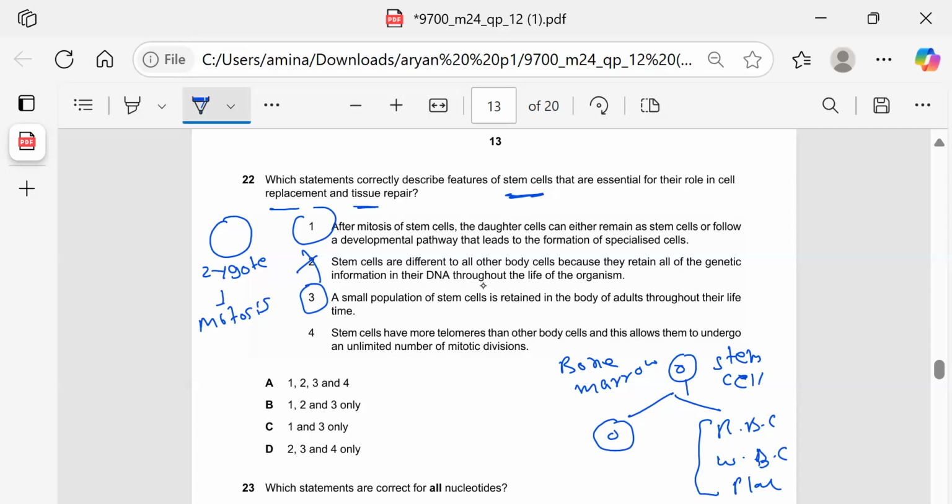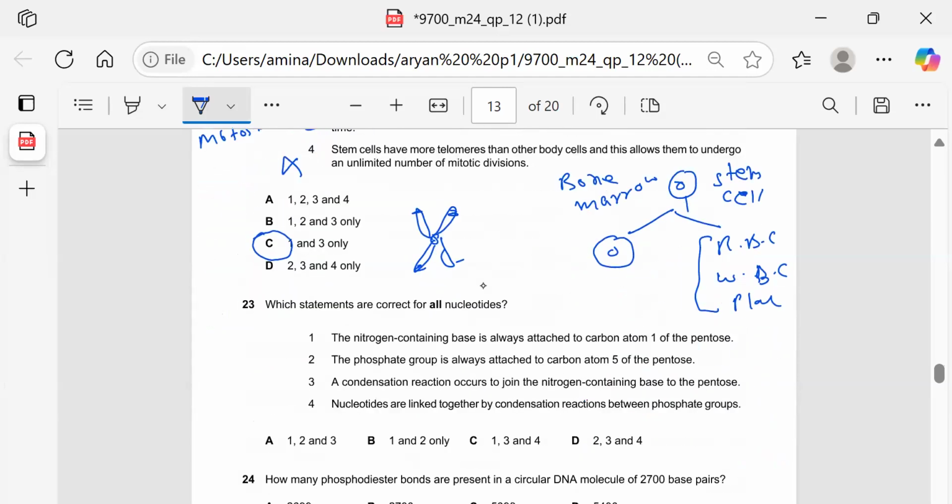No, telomeres are present at the end of the chromosome, and there is no change in the number of chromosomes in any cell of your body. So 4 will also be wrong. I am left with the choice of 1 and 3. Okay, I'm going for question number 23 now.